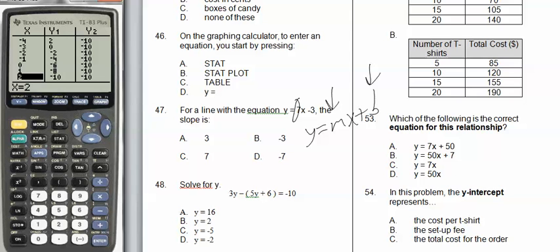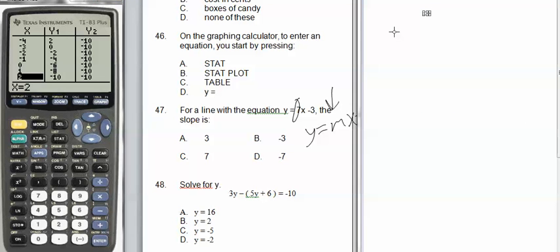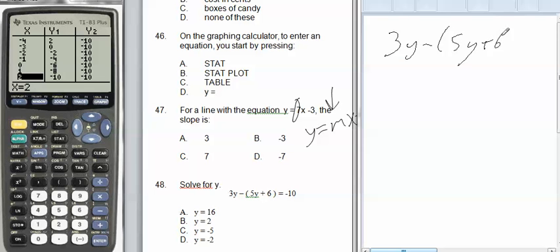We could also solve this by hand, which you should be able to do by now. So 3y minus 5y plus 6 equals negative 10. We have to distribute this negative. So it's 3y minus 5y minus 6 equals negative 10.